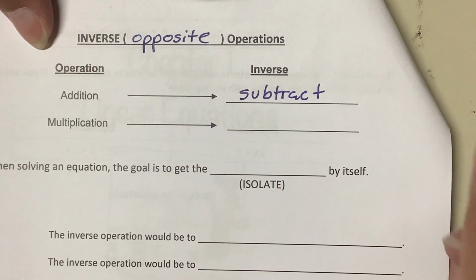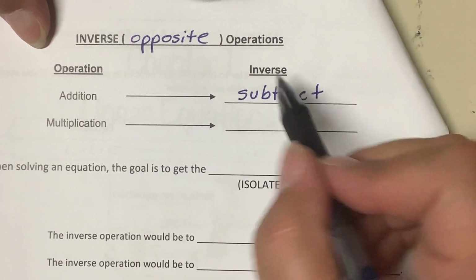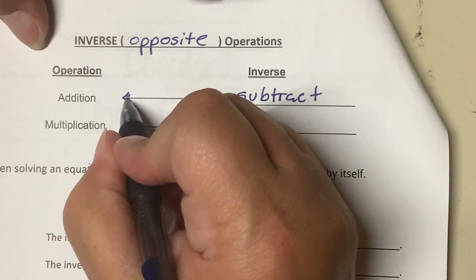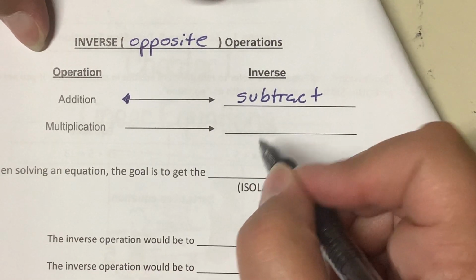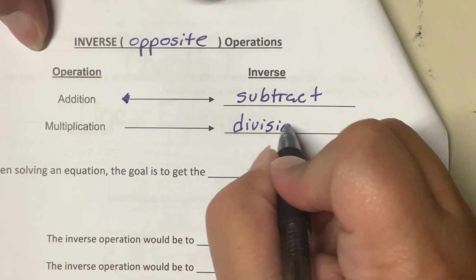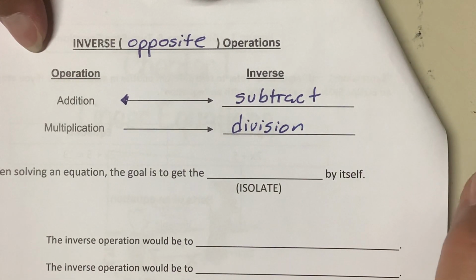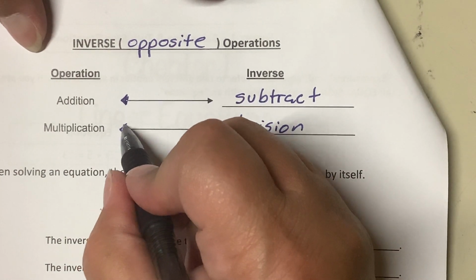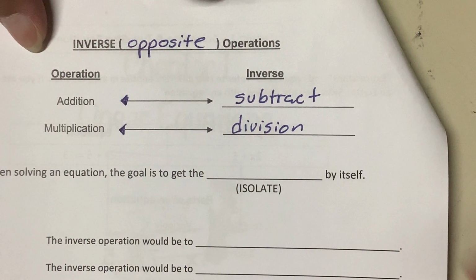But the reverse is also true. The inverse of subtraction is addition. So I'm just going to put an arrow on that side too. The inverse of multiplication is division. But inverse is also true. The inverse of division is multiplication. So those arrows should be going both ways.